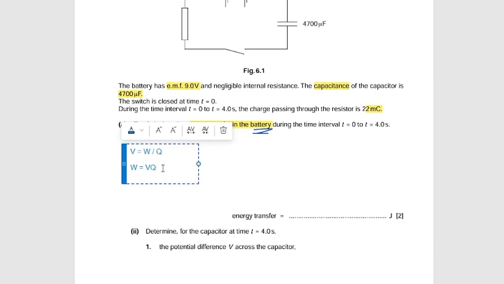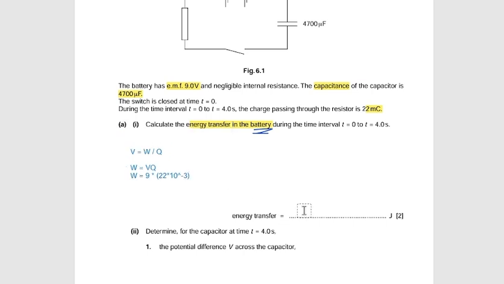We have our EMF given as 9 volts, multiplied by the charge given as 22 millicoulomb, so we write 22 times 10 to the power minus 3. When you solve this, the energy transferred that you get is 0.20 joules.